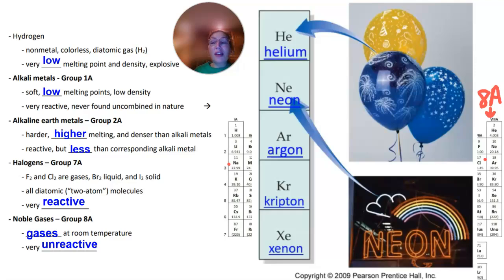So they're very unreactive. Not to say that they don't ever form any compounds. Never say never as a chemist. There's compounds like xenon heptafluoride, where xenon does form some compounds with fluorine atoms, but their compounds are very rare. And so the noble gases don't like to form very many compounds.